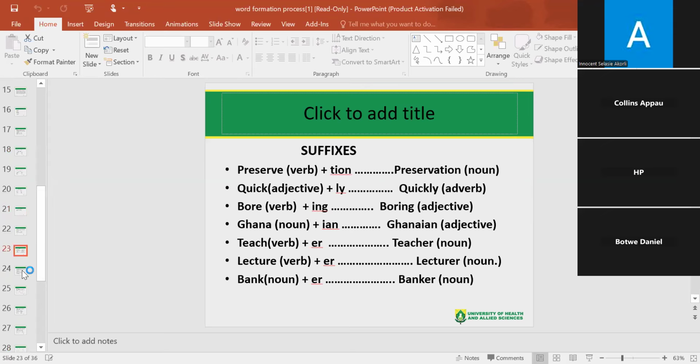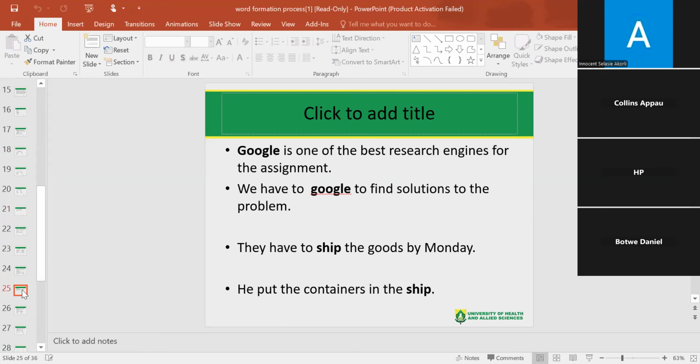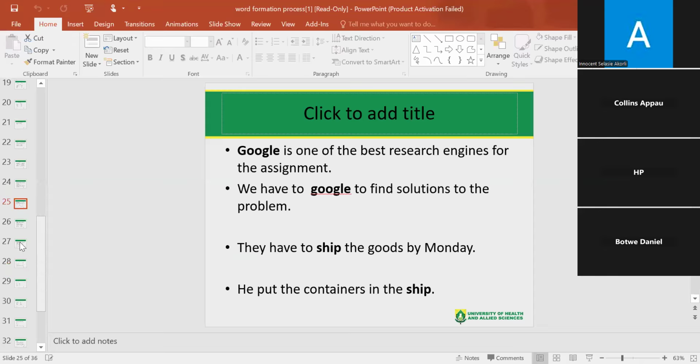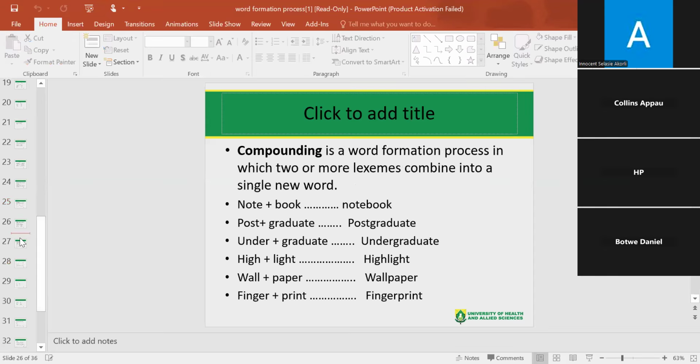Now, these examples, if you can see my screen now, you can see examples of compound or compounding. Compounding is a process actually. When the words are brought together, we call them compounds.